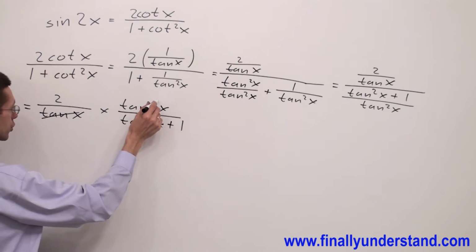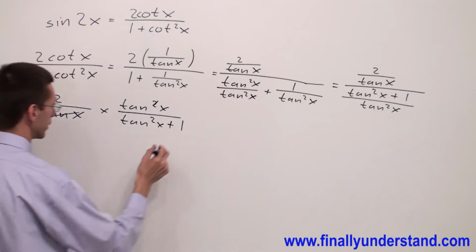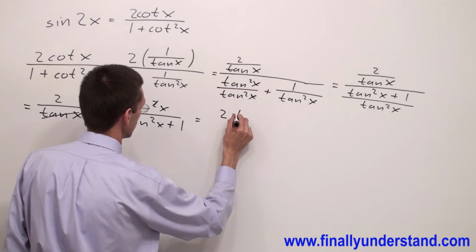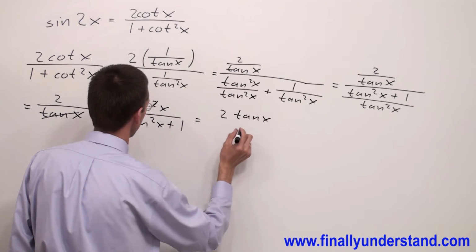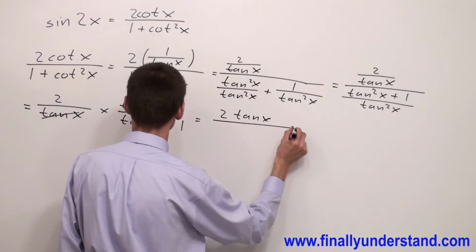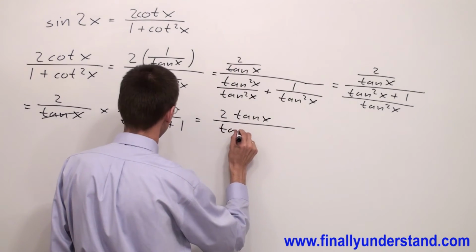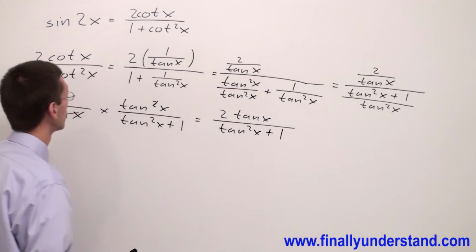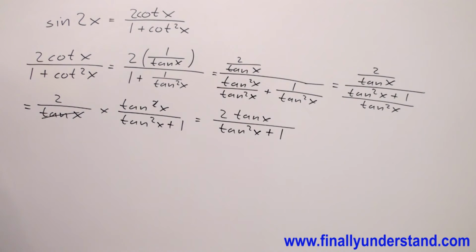Tangent and square will cancel out. So I'm going to have 2 tangent x over tangent square x plus 1. Now, let's take a look what we can do over here.